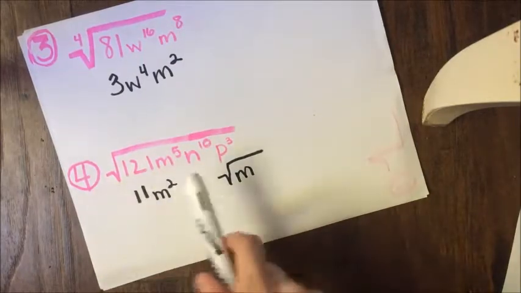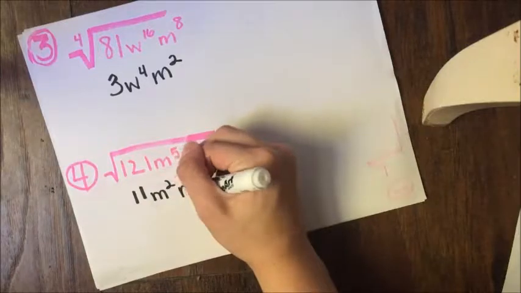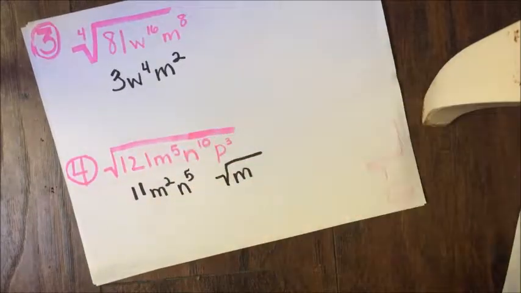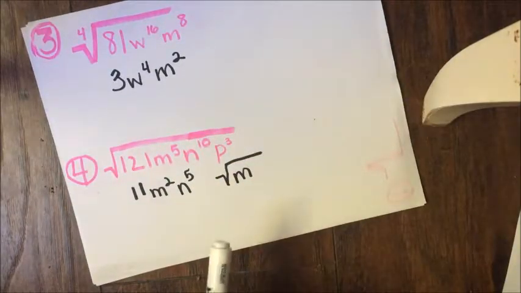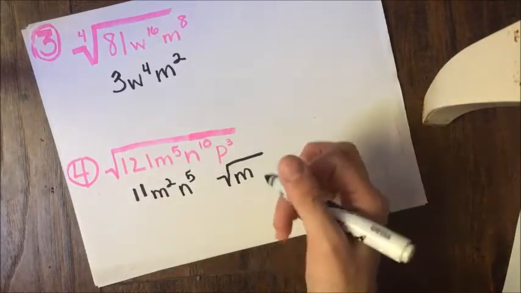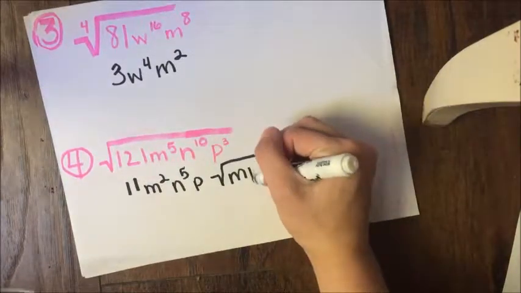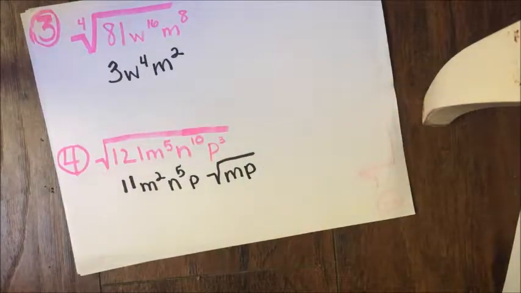And then the square root of n to the 10th would be n to the 5th, because 5 times 2 equals 10. And then the square root of p to the 3rd would just be p with a remainder p on the inside of the radical.